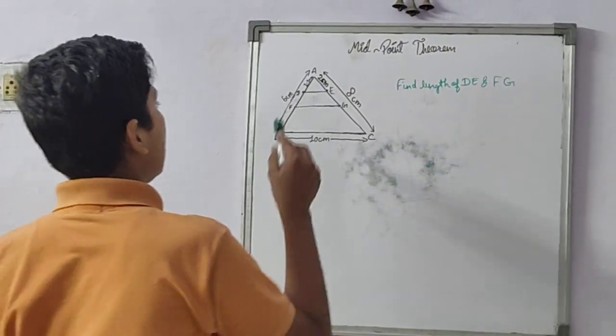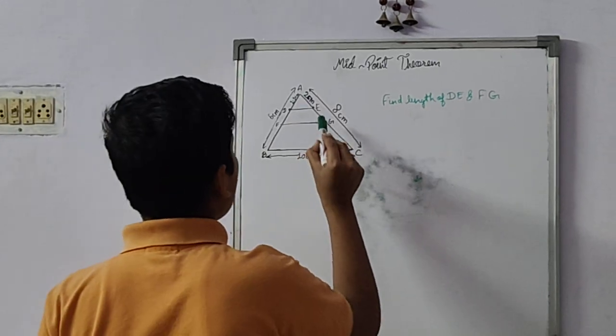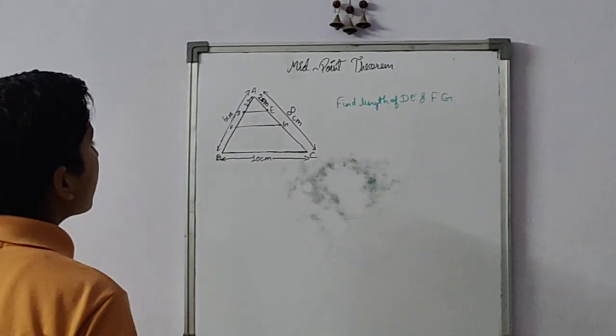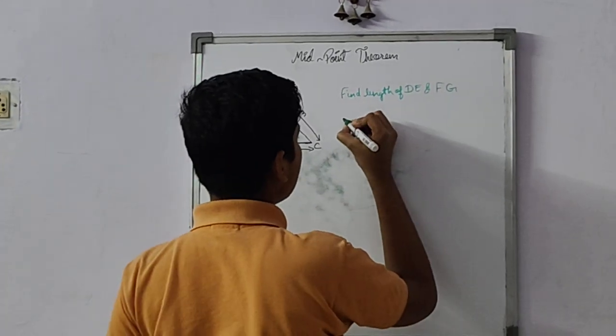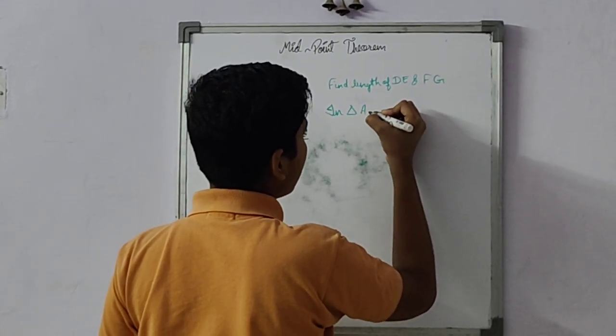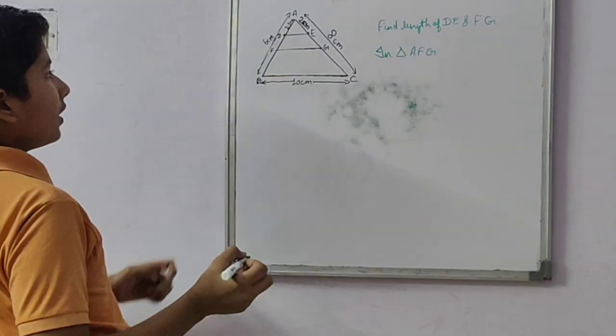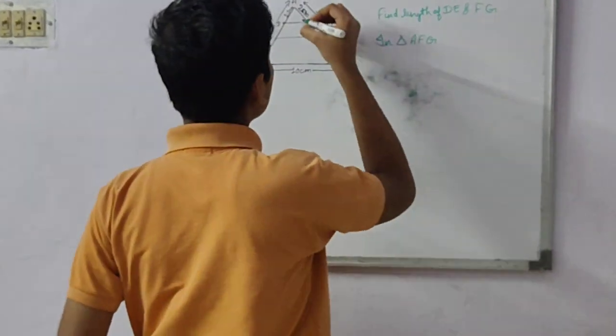Let's see, AD is 1.5, AE is 2 centimeter. So firstly we'll write: in triangle AFG. This is the triangle AFG. So it is given.